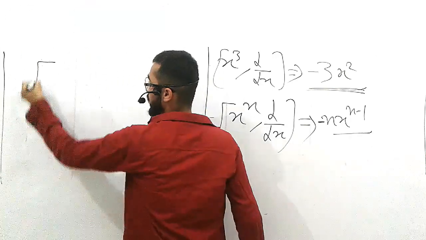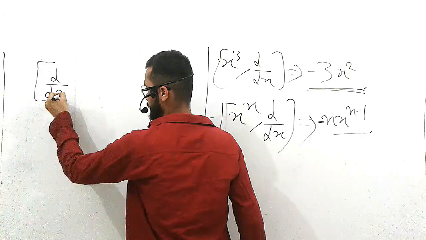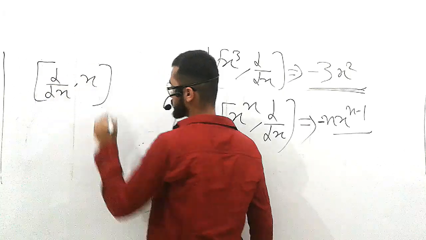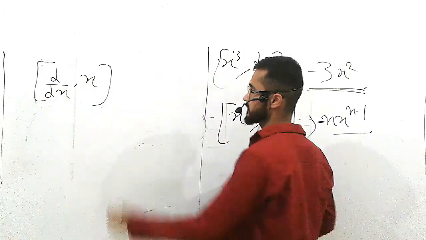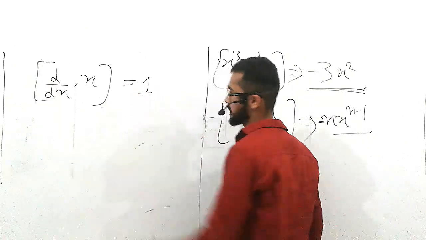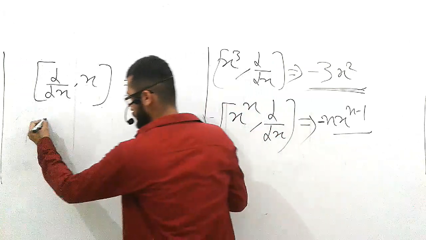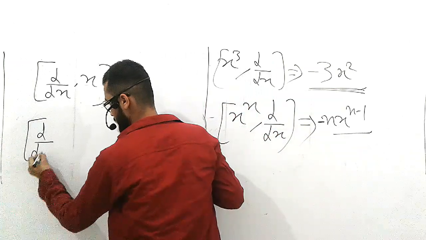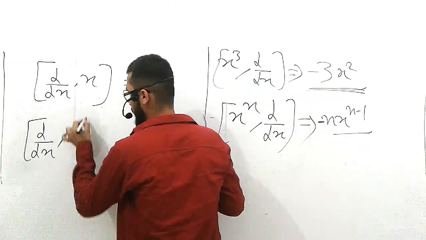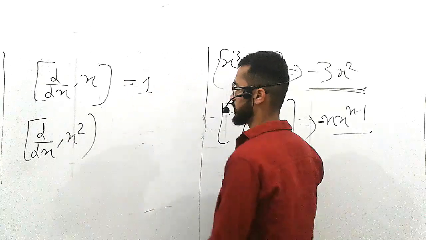So just look, d by dx and x, the resultant is 1. What if I take d by dx and x square?